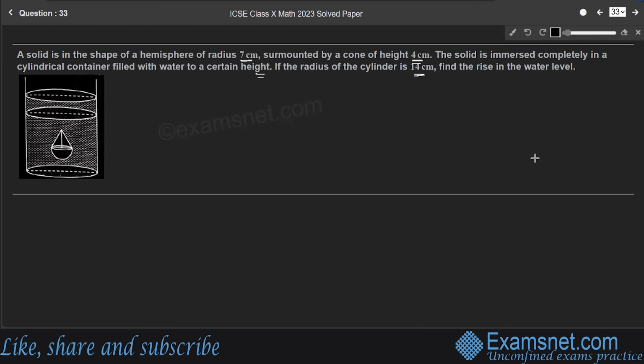Here, students, let h be the rise in the water level. Water has risen to a certain height, so let h be the rise in the water level.